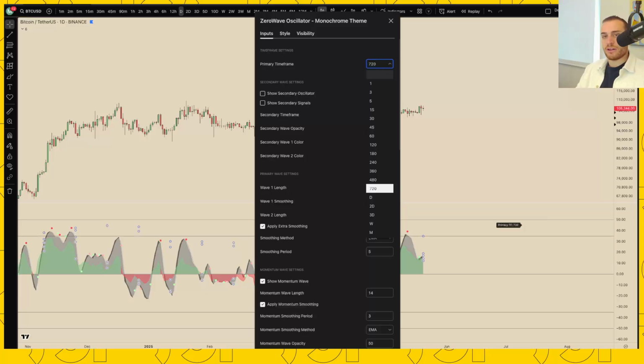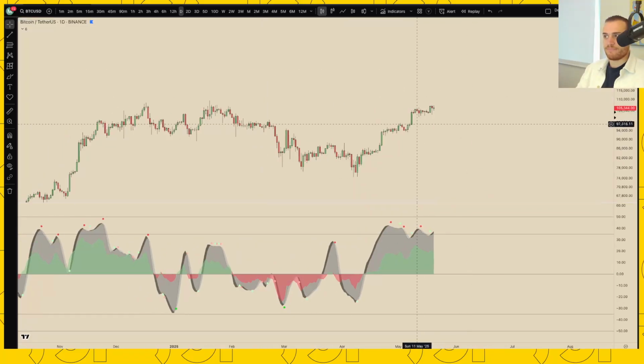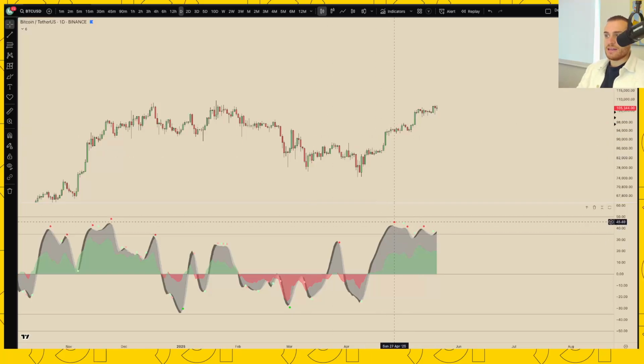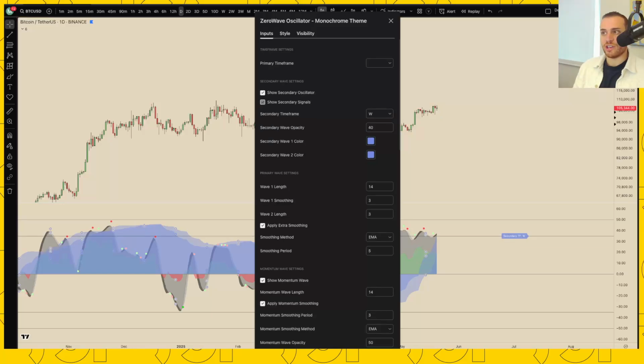And then you click up here in this blank spot and it'll just take you right back to your default time frame. Okay, whichever time frame you're looking at. Now let's get into the dual time frame components of this. So looking over here, you have your primary time frame, which is just set to default. Secondary wave settings. Let's click show secondary oscillator and then show secondary signals. And we have this on the weekly time frame right now.